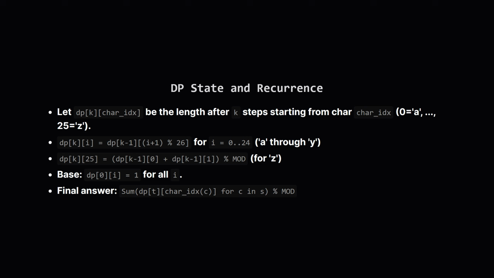For index 25, the length dp of k, 25 is the sum of the length from index 0 and the length from index 1 after k minus 1 steps. So dp of k minus 1, 0 plus dp of k minus 1, 1. And we should remember to take the result modulo our big number. The base case is dp of 0, i equals 1 for all characters. To get the final answer for the original string, we just sum up the lengths dp of t, index of c for every character c in the original string, again taking the modulo at the end.